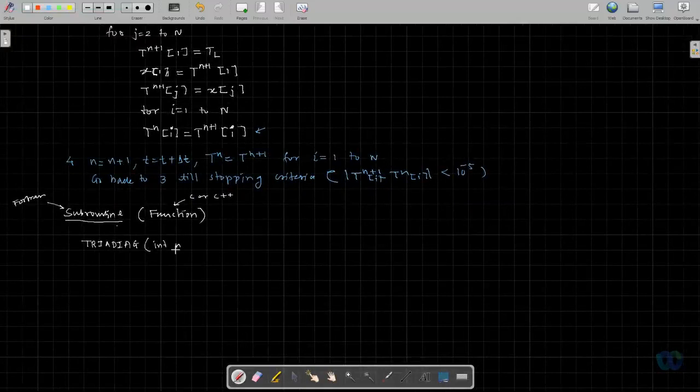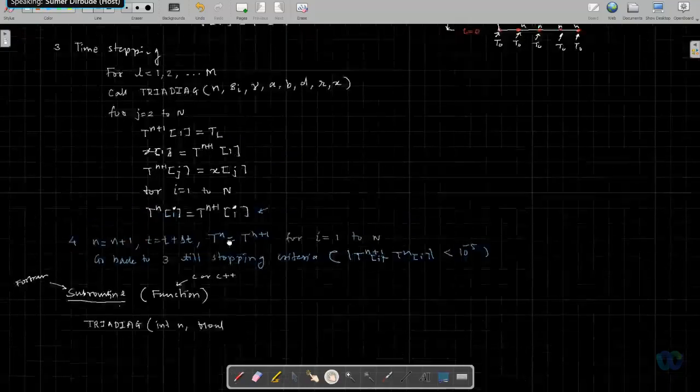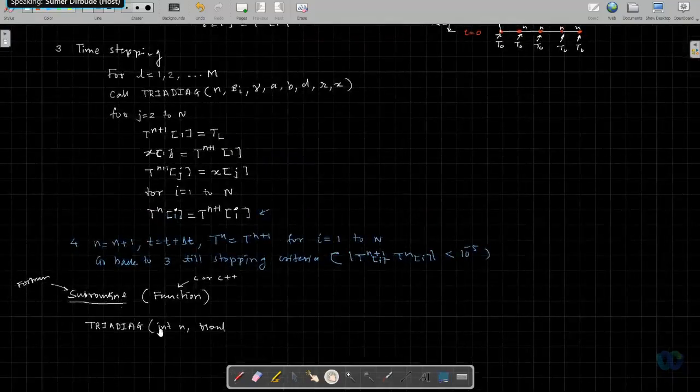So you have to write like integer n, float, whatever the values you have given here, they should be in that n. What is the type of the n? What is the type of the BO number? So float BO, then float gamma, or you can write real or float.